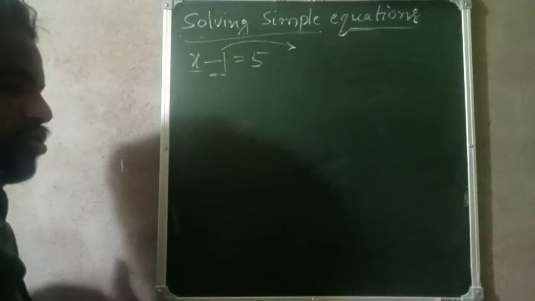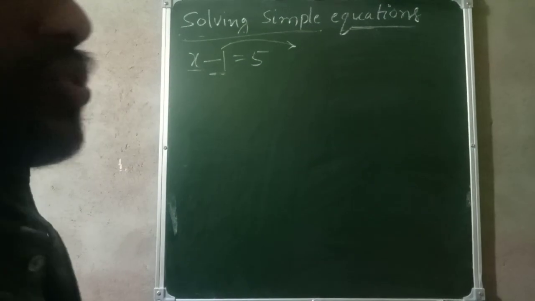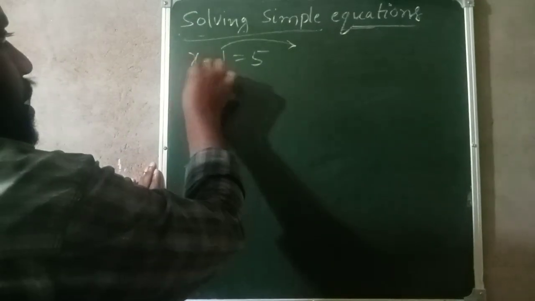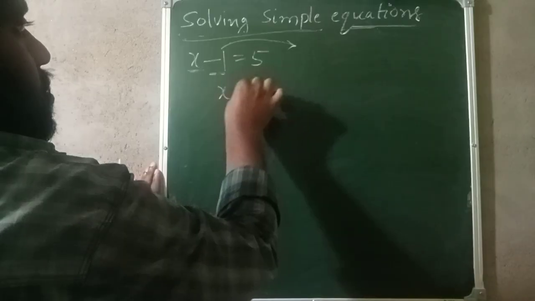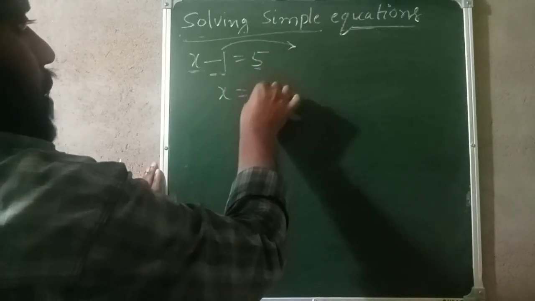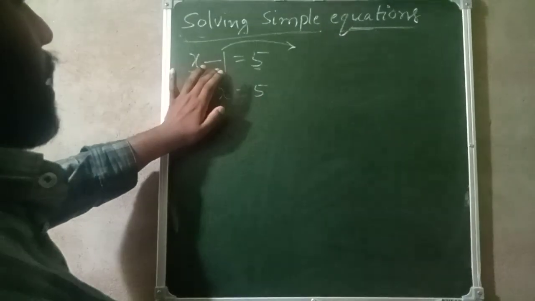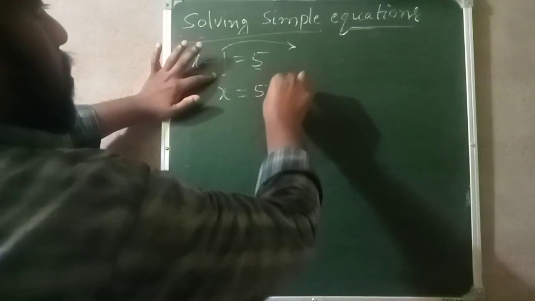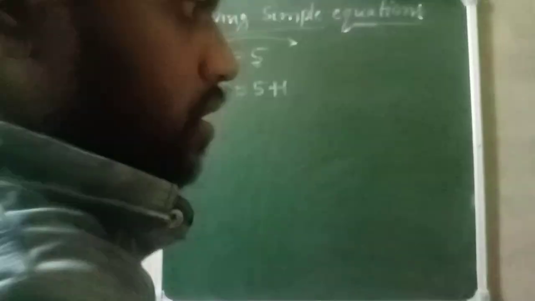Before moving to the other side, in the next step, first write this x, write this equal, write this 5 as it is. When minus 1 is moved this side, this minus 1 will become plus 1.